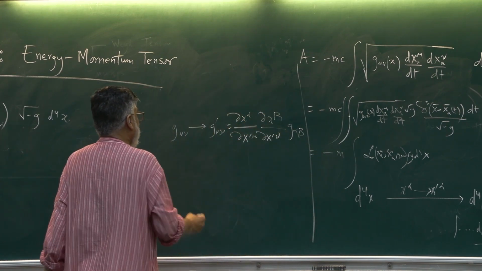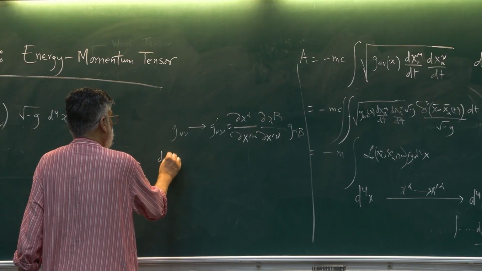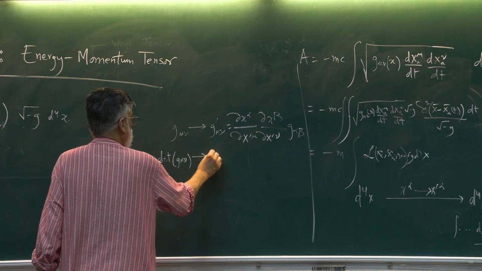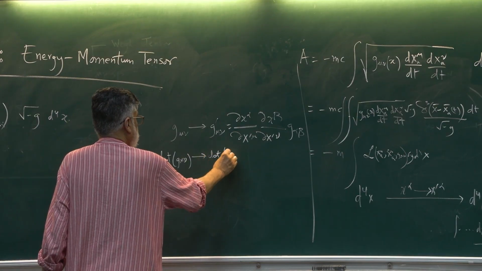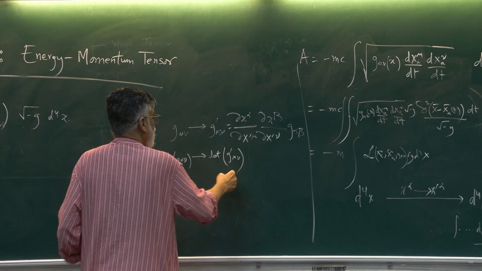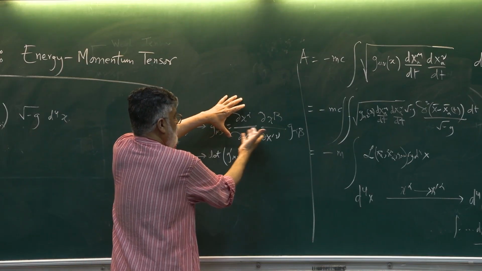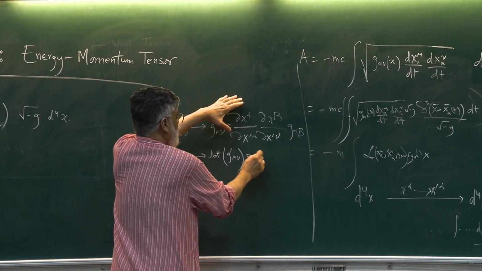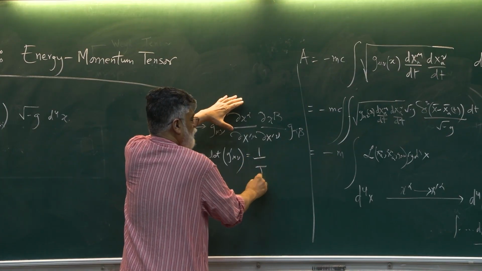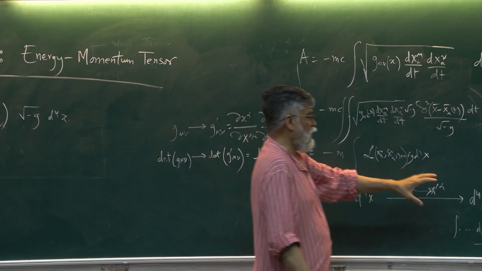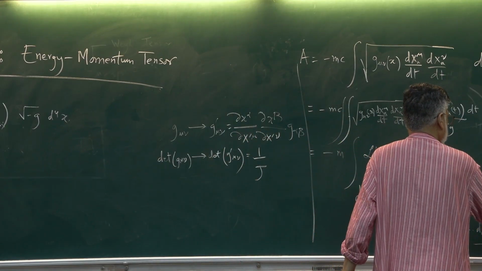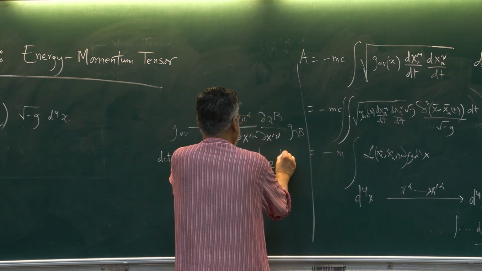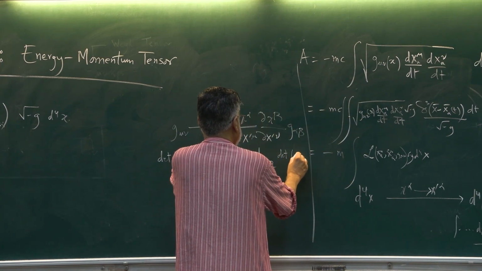And hence, the determinant g mu nu goes to determinant g prime mu nu, which is nothing but, if you view it as a matrix, then it turns out this is 1 over j square. If that is j, if this I call it as j, then this is 1 over j square, determinant of g alpha.